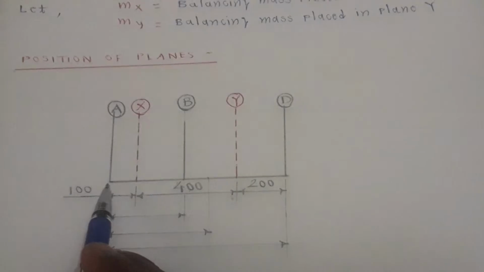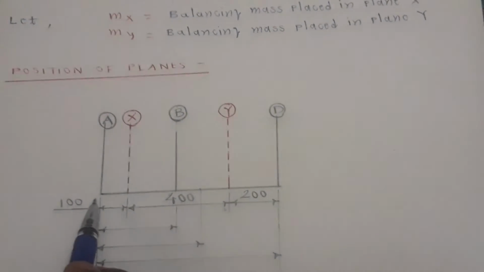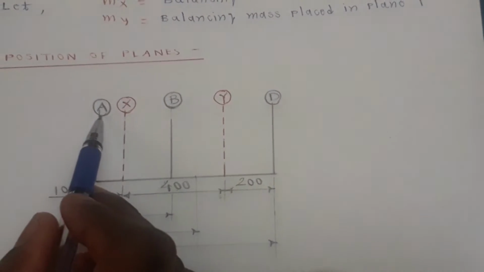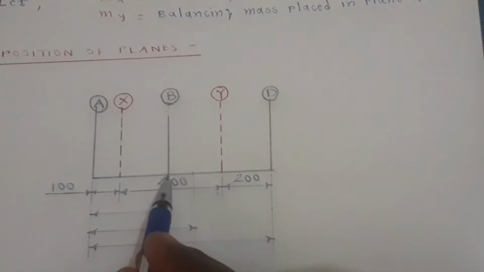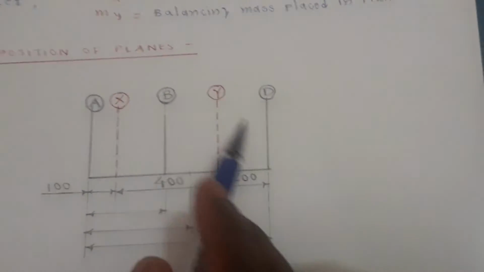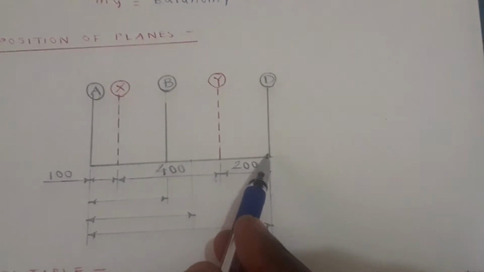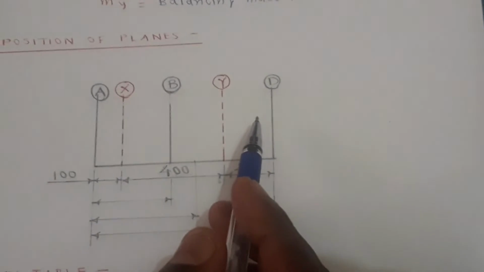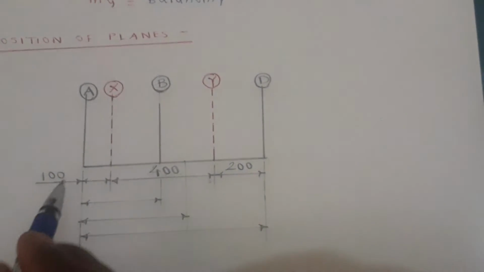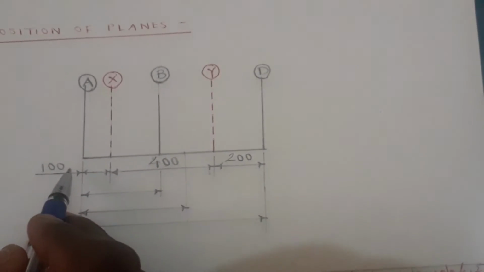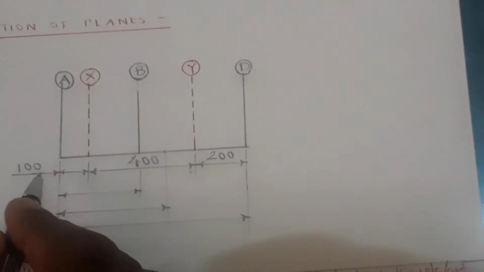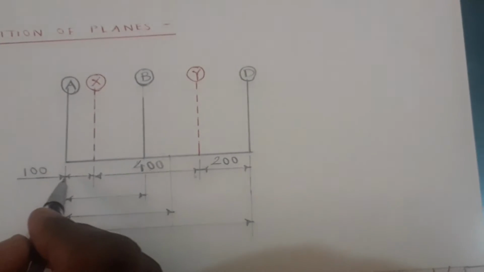Here it is the plane for mass A, here it is the plane for mass B, and here it is the plane for mass D. Here they have given the positions of these particular masses.